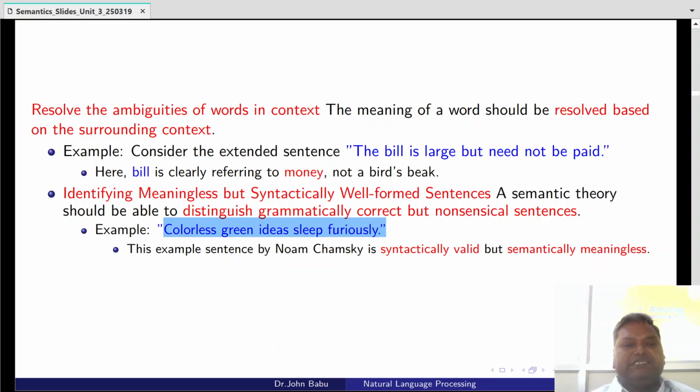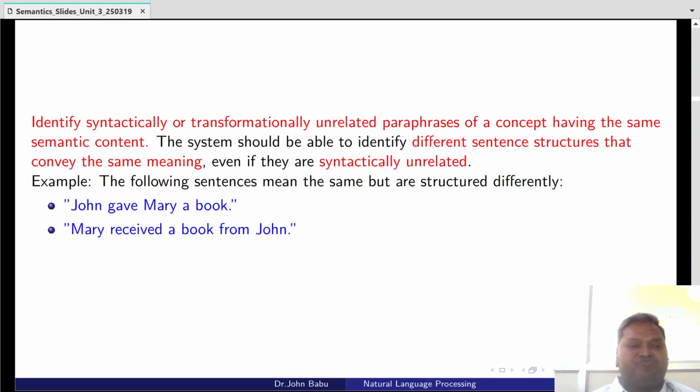Number three, some sentences may be syntactically correct, but semantically they may be nonsense. It should identify such sentences. Number four, some sentences may be syntactically and semantically different, but they may convey the same meaning. So it should identify such things.